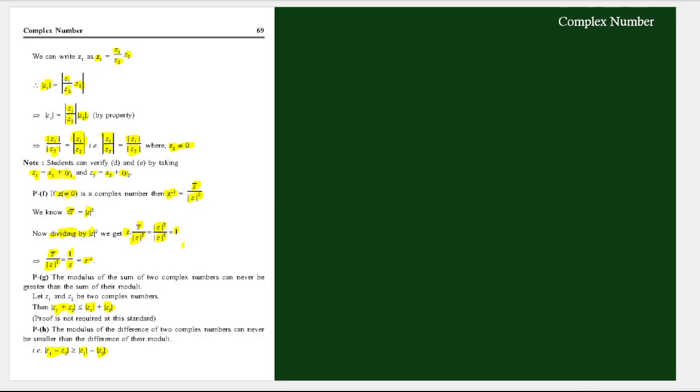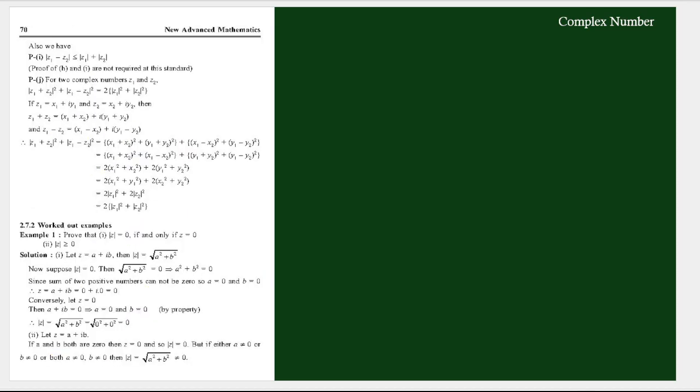They can be either equal or it can be greater, but never smaller. And same as for the addition, it will always be smaller, it cannot be greater than the sum of the moduli of the complex numbers taken separately.